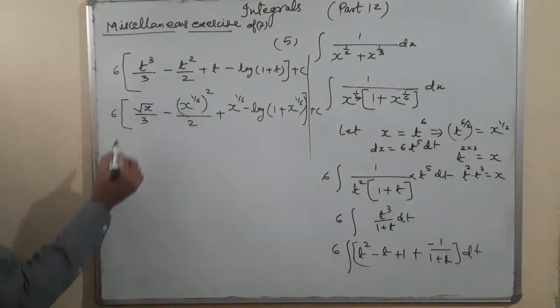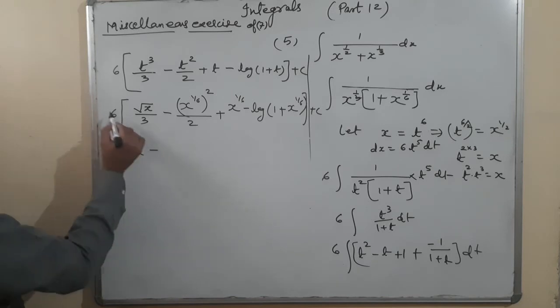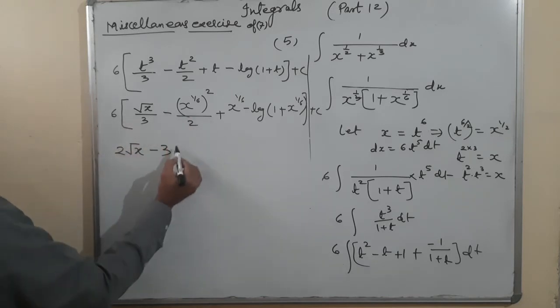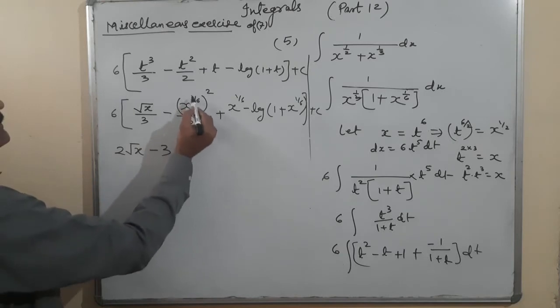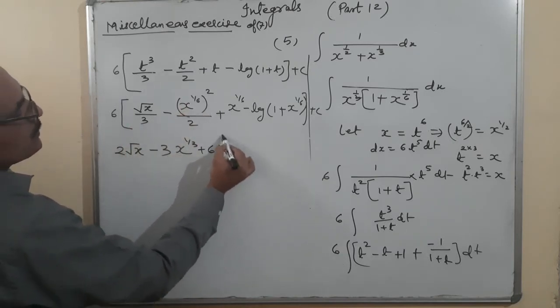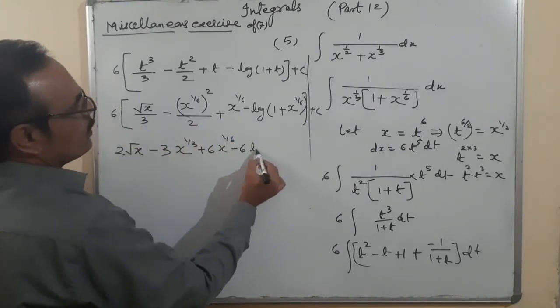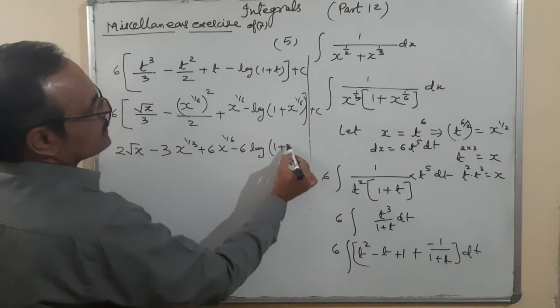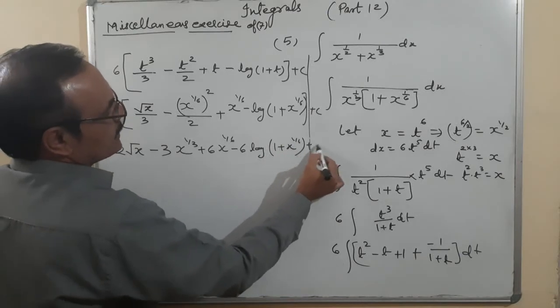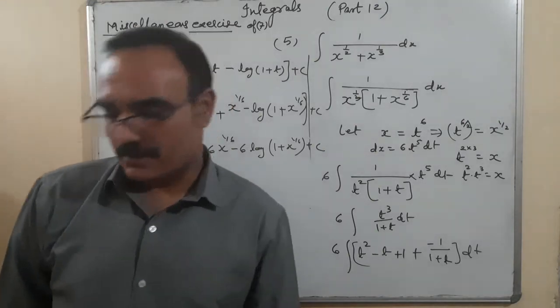Okay. Multiplied 6 inside, so 2 root x minus 3 x to the power 2 by 6 means 1 by 3 plus 6 x to the power 1 by 6 minus 6 log 1 plus x to the power 1 by 6 and plus c. Okay, this is the answer of that question.